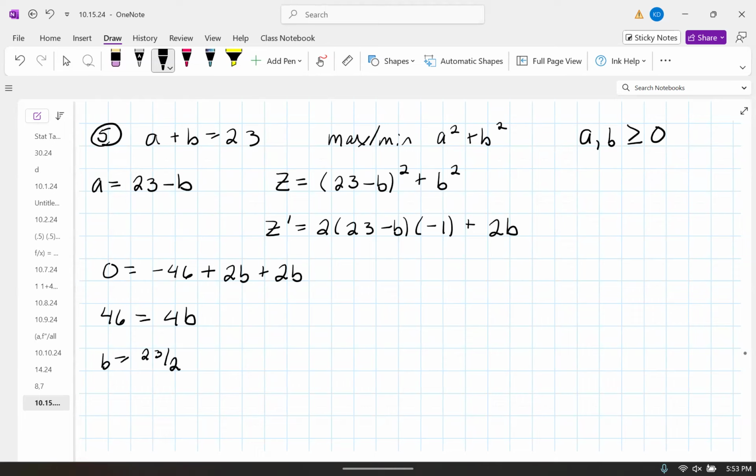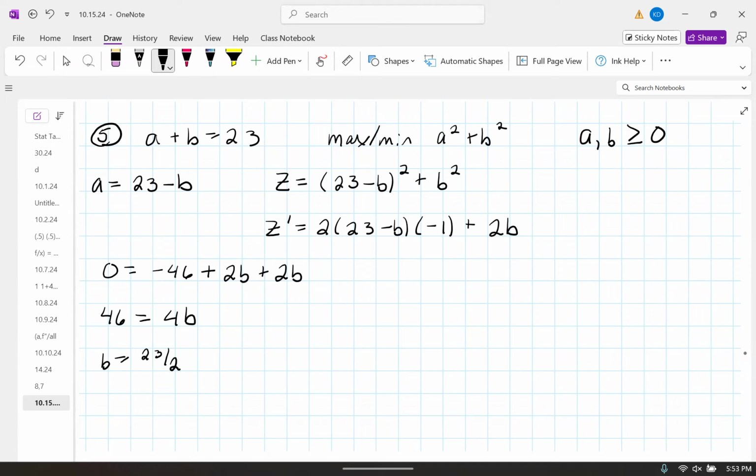So is that a maximum or a minimum value? Not necessarily. How do we figure that out? There's 2 ways we could figure it out easily. There's 3 ways we can figure it out easily.